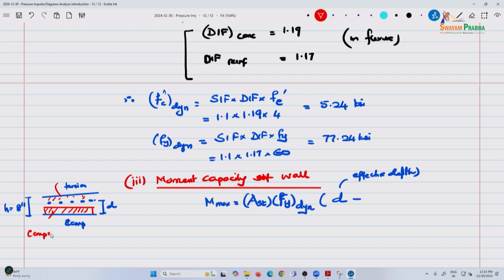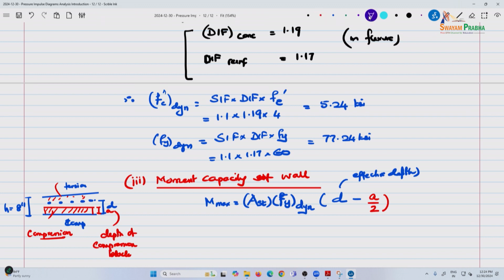Here we use 0.85 FC prime. You would be using something different. But anyway, this is D minus A over 2. Just assume that A is the depth of the compression block. Anything above that, that concrete literally does not exist.